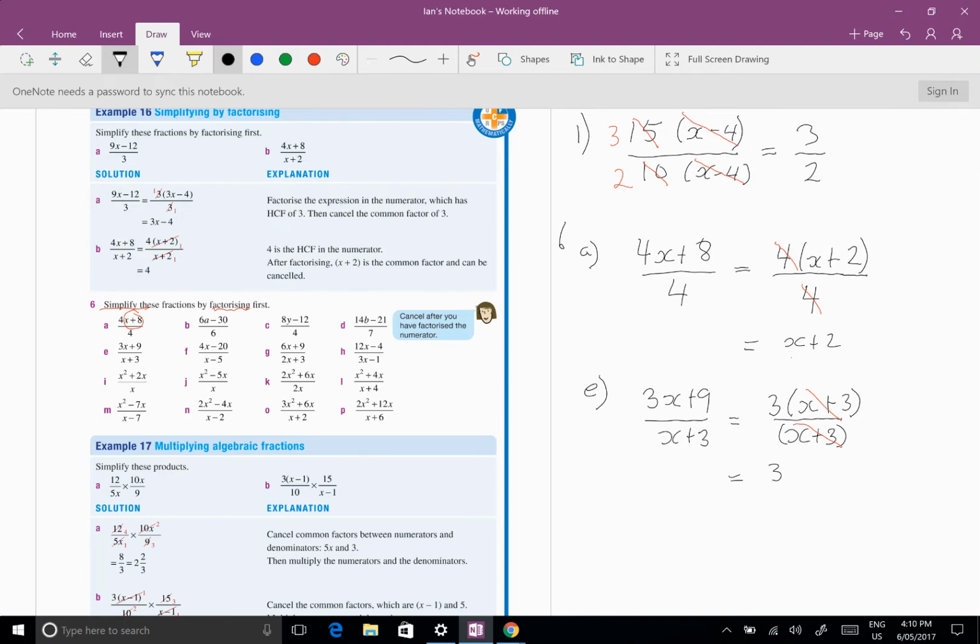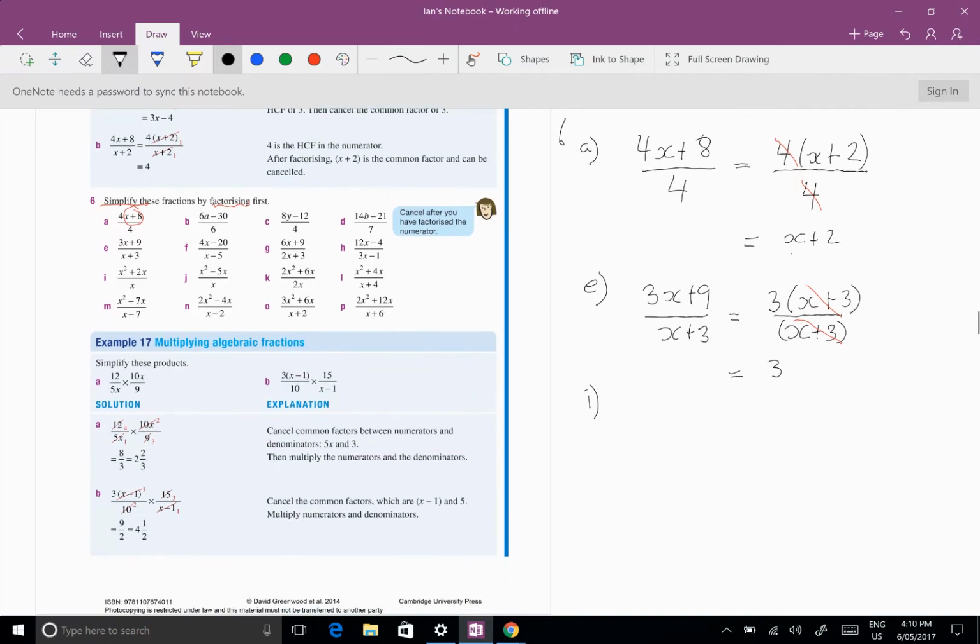Let's have a look at I. And I've got x squared plus 2x all over x. Right, so I can't factorise the denominator, but I can do something with the numerator.